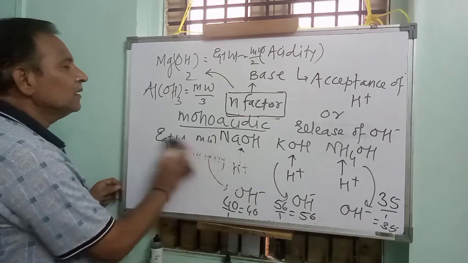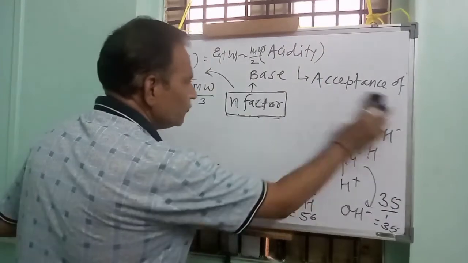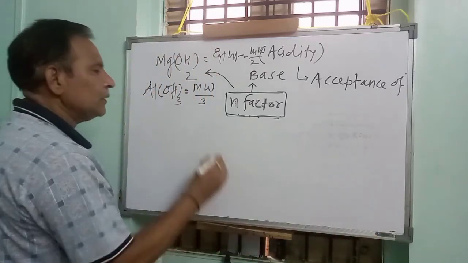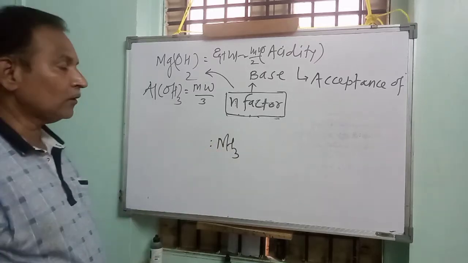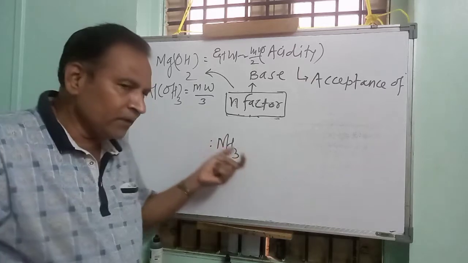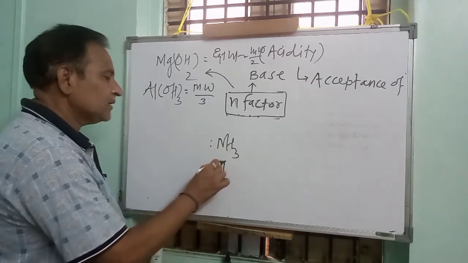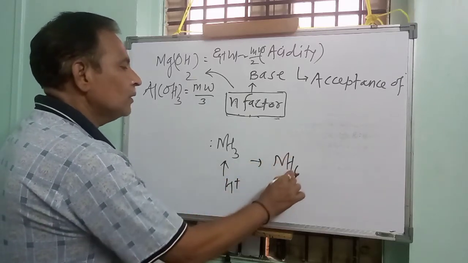Sometimes there will be acceptance of protons only. See, the NH3 ammonia molecule has one lone pair of electrons, so it cannot release OH minus. There is no OH minus in its formula, but it accepts one proton and there is formation of NH4 plus ion.